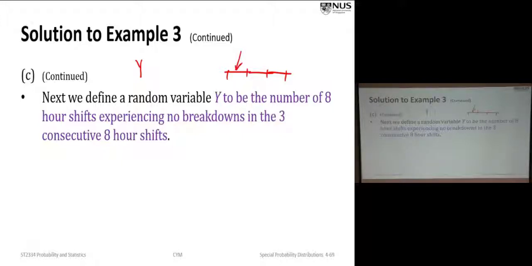For each one, it's either no breakdown or yes, there's a breakdown, so there are only 2 outcomes. So y can be considered as a binomial distribution with 3 trials, and each trial has a probability p, where p is the probability of no breakdown. What we are asked is basically the probability of y equals 0.